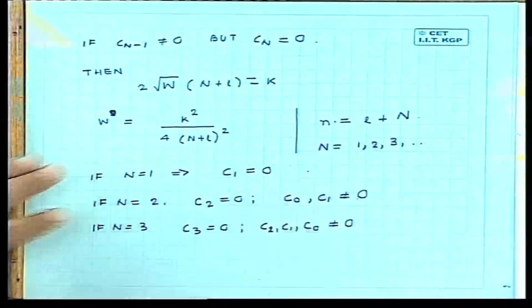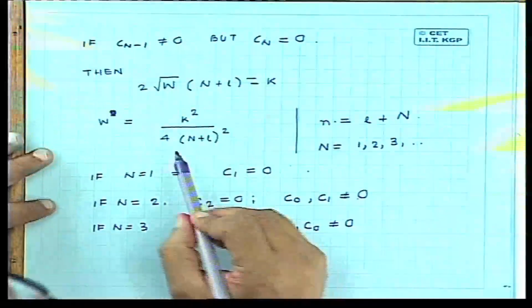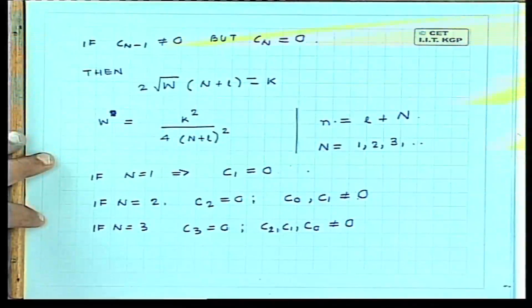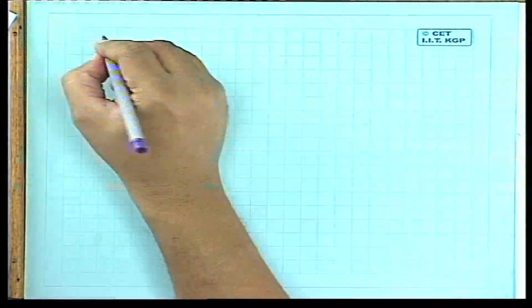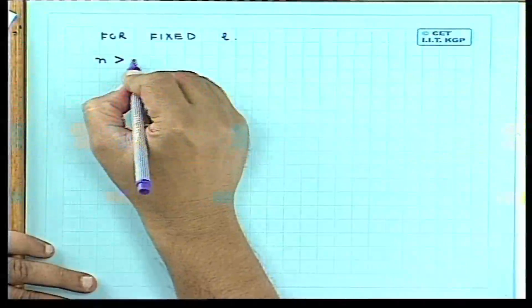We started out with capital N and L, and we found that the energy depends only on the sum of these two, capital N and L. Suppose you fix the value of L, then capital N can take the values 1, 2, 3, 4.